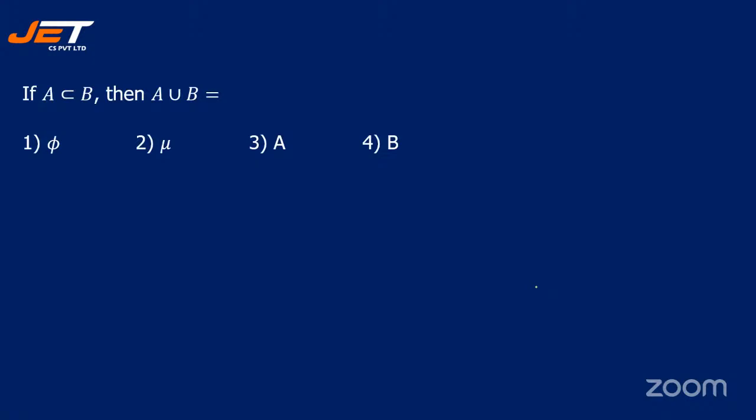If A is a subset of B, then what is A union B? If A is a subset of B, then A union B must be equal to B. All right.